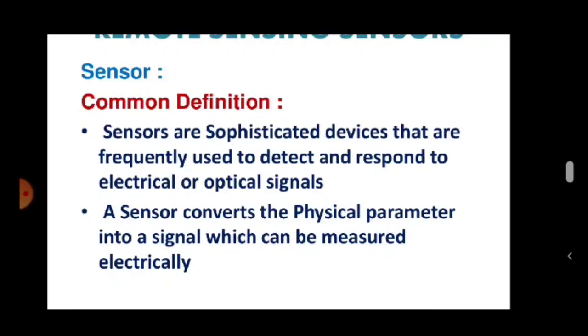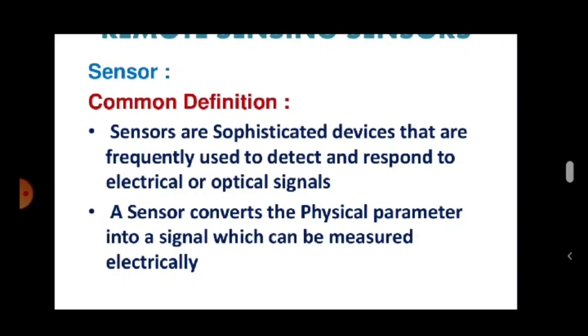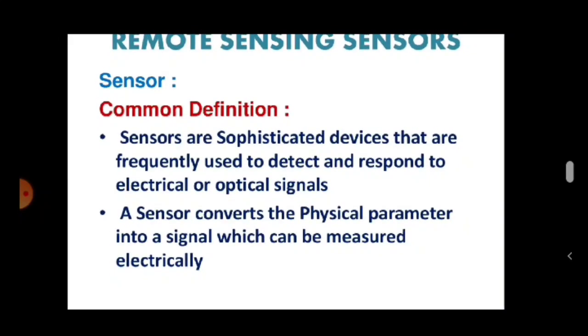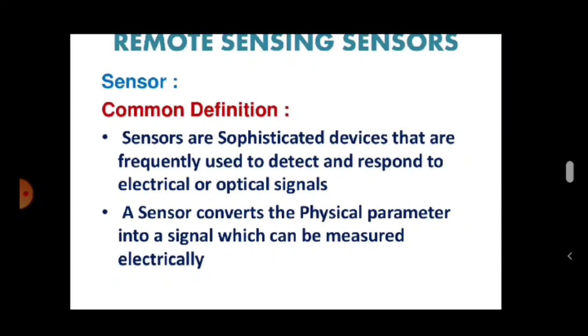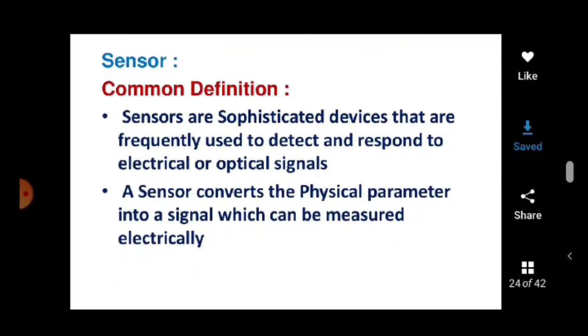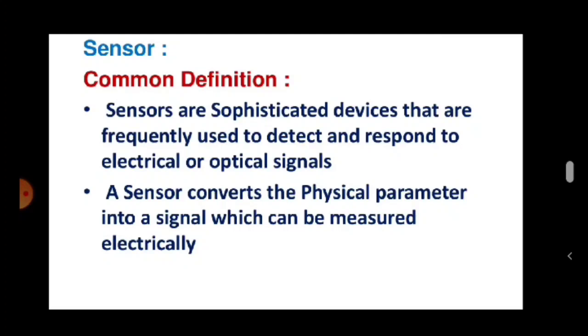So a sensor can be defined as a device which measures or records electromagnetic energy, or a sophisticated device that is frequently used to detect and respond to electrical or optical signals. A sensor converts a physical parameter into a signal which can be measured electrically.